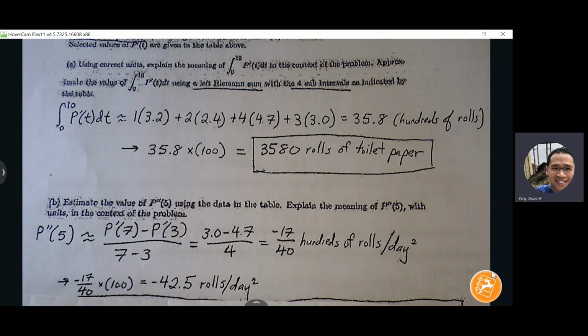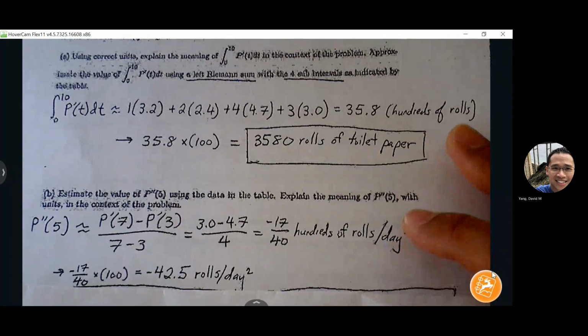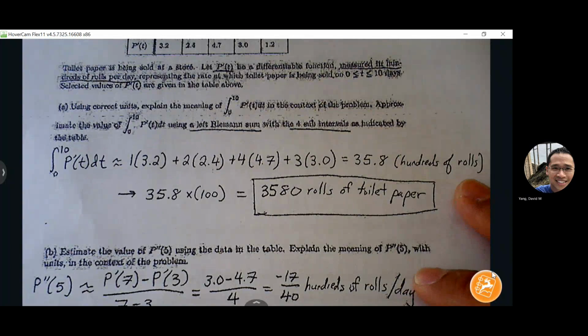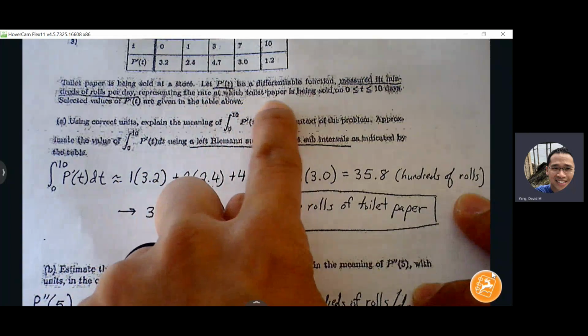Now it's asking to explain the meaning of P double prime. Okay. One, we don't want to use the word acceleration, right? Doesn't make sense for this problem. And then rate of a rate is still not quite clear enough. So what's a way that we can represent the meaning of what that means? So we can say that the rate at which the toilet paper is being sold is what?